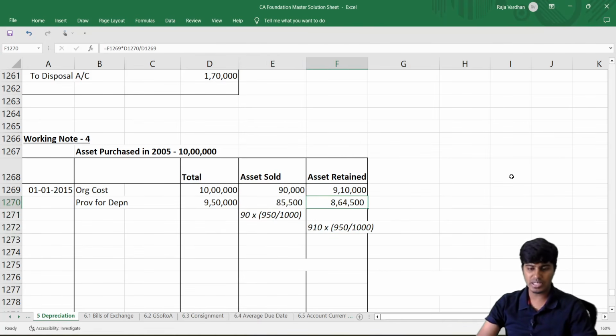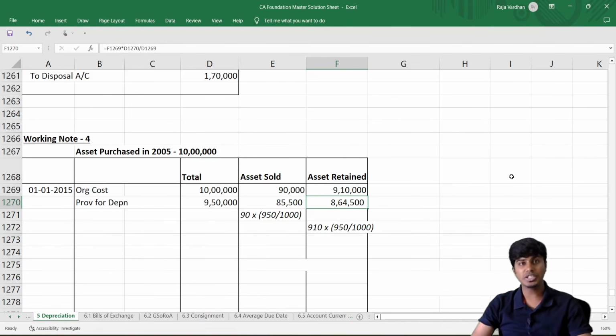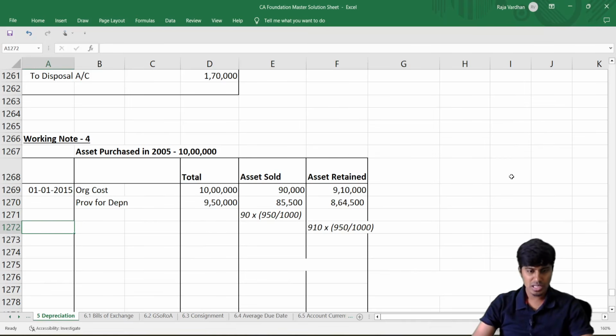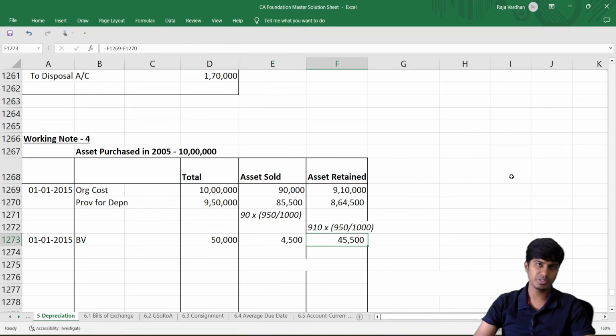I get 85,500 and 8,64,500 as the proportionate accumulated depreciation on these assets. After deducting, the book value of the asset will be 50,000 in total, and individually for the asset sold it is 4,500, and for the asset retained it is 45,500.